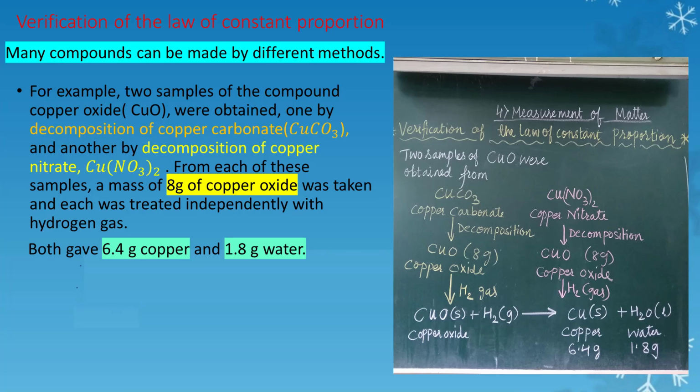From each of these samples, a mass of 8 grams of copper oxide was taken, and each was treated independently with hydrogen gas. Both gave 6.4 grams of copper and 1.8 grams of water. The reaction of copper oxide with hydrogen yielded two known substances, namely the compound water and the element copper.